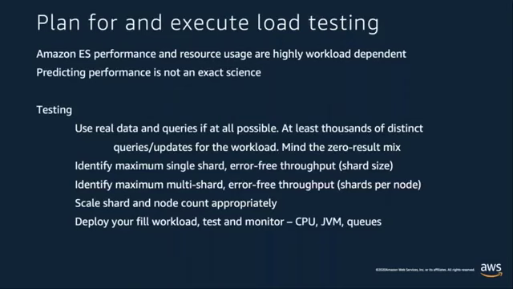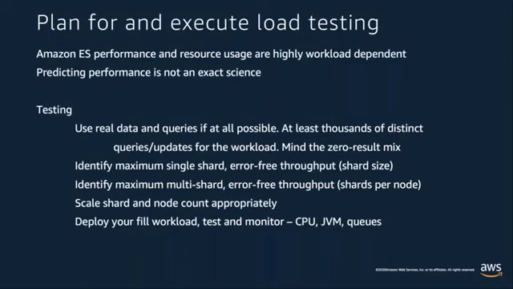We need to have at least thousands and better millions of distinct queries and updates to really measure the workload. If you're doing simulated data, it's important that you don't generate a lot of queries that send you 0 results. That's unrealistic, unless that's how your workload actually is. You want to be careful that your queries are generating results that are more or less like the results that you're expecting to get.